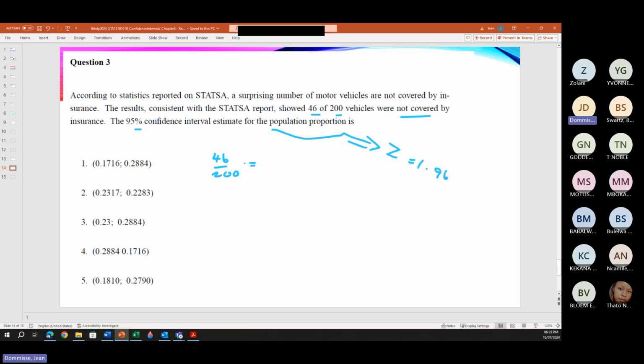So let's quickly see. 46 divided by 200 is 0,23. So again, when we start with a mean or the proportion that is 0,23, we can see that one is going to be wrong again, because it should be smaller than 0,23, should be more than 0,23. That's wrong.